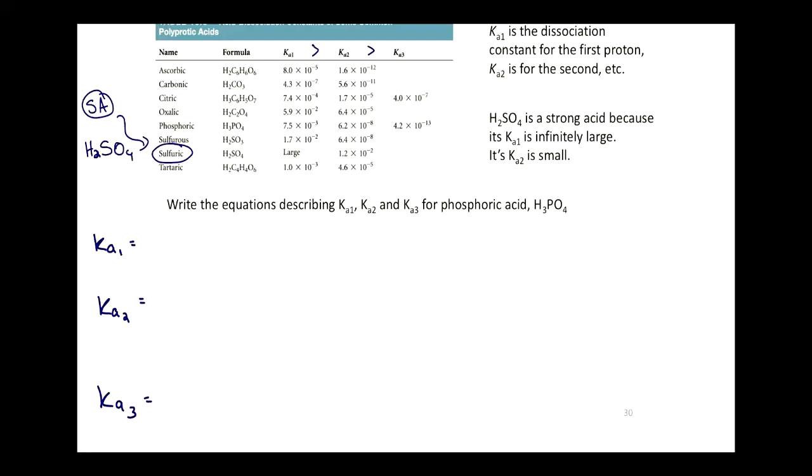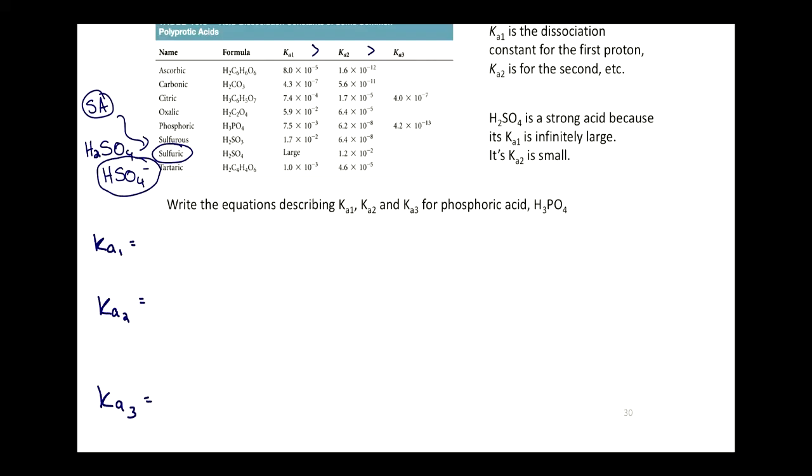The first proton in sulfuric acid is a strong acid. It fully ionizes. But once you take off that first proton, you make HSO4 minus. This is called bisulfate ion. Bisulfate, HSO4 minus. That proton is actually a weak acid.